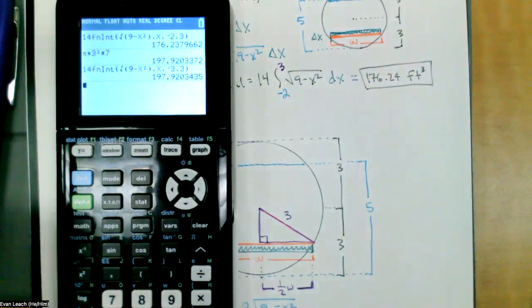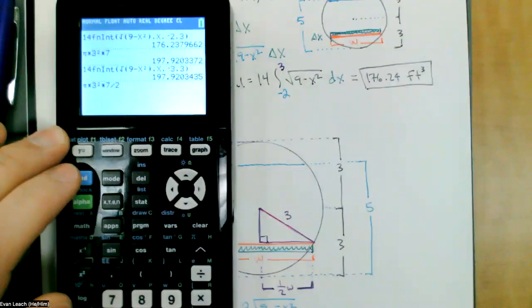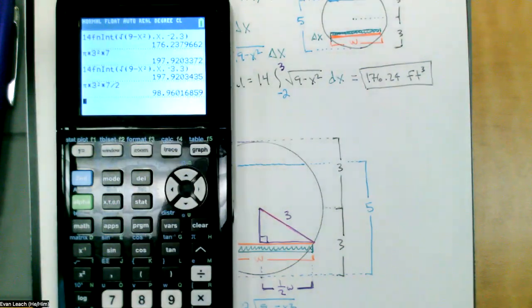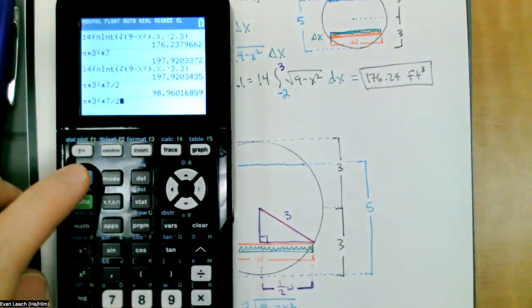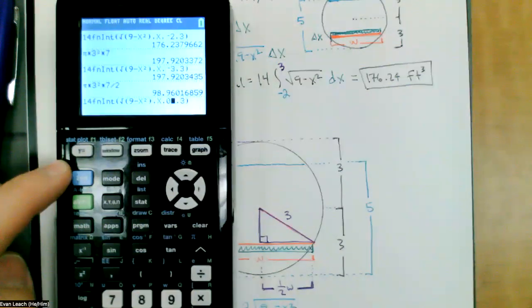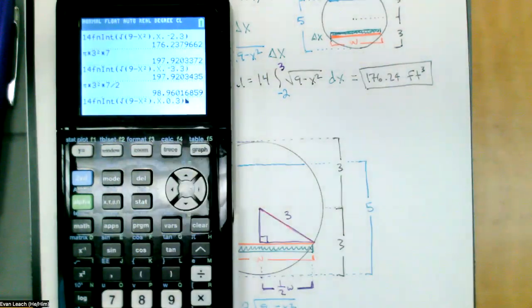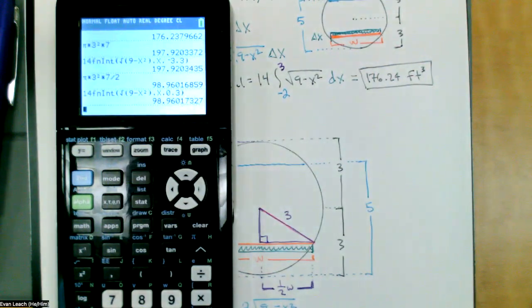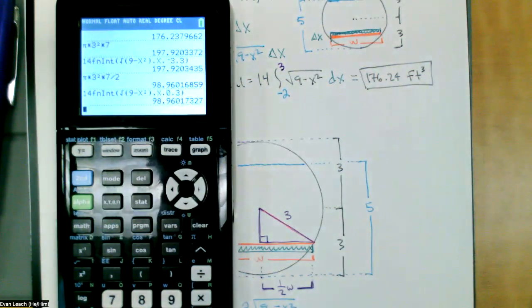If I had the tank filled halfway, half of 197.92 is 98.96. So if I integrate, let's say from 0 to 3, this should give us half of the volume of a cylinder. And it does, 98.96.